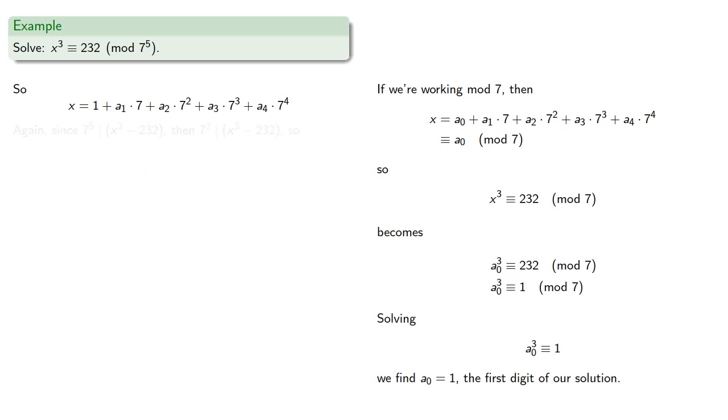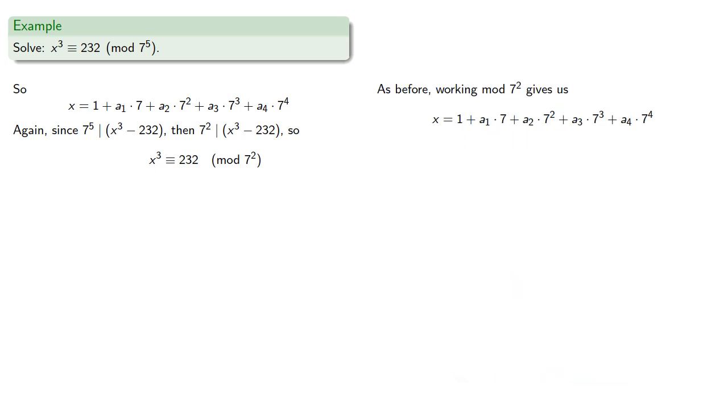Again, since 7 to the 5th is going to divide the difference, then 7 squared will divide the difference. So x cubed is congruent to 232 mod 7 squared. And as before, we know what x is. Reducing it mod 7 squared will eliminate the higher order terms.